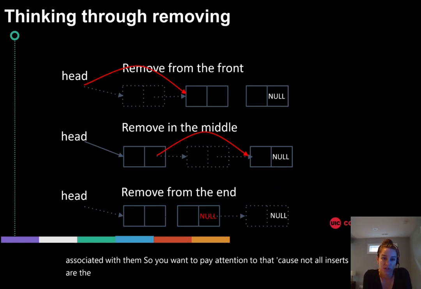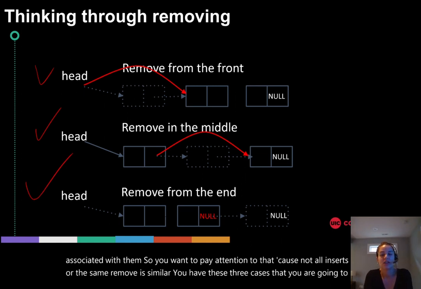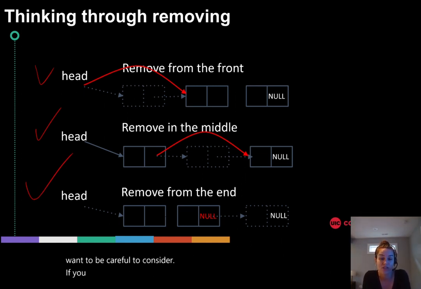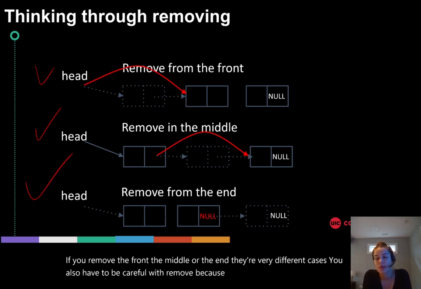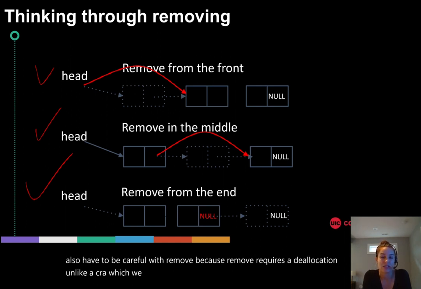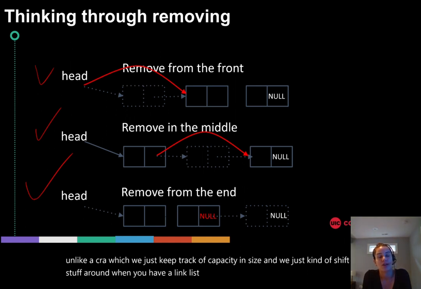Remove is similar. You have these 3 cases that you are going to want to be careful to consider. If you remove the front, the middle, or the end, they're very different cases. You also have to be careful with remove, because remove requires a deallocation. Unlike a C array, where we just keep track of capacity and size, and we just kind of shift stuff around, when you have a linked list, anytime you take away a node, you actually have to deallocate that memory.